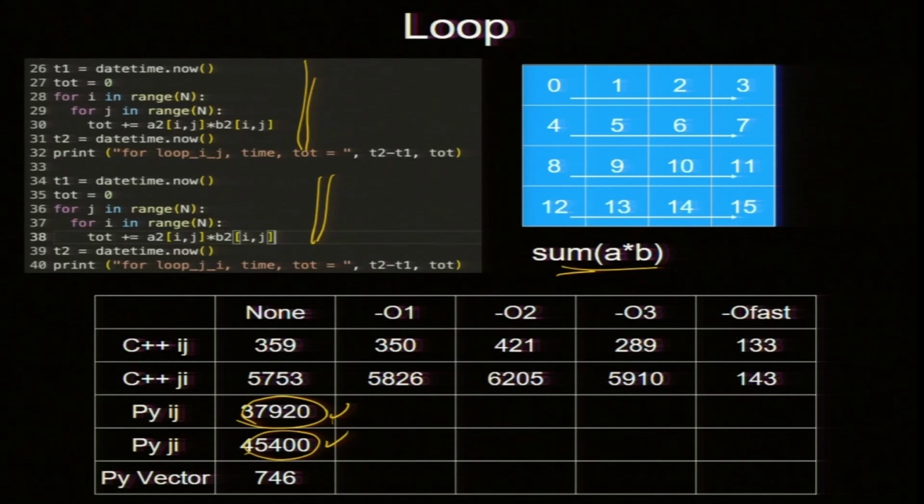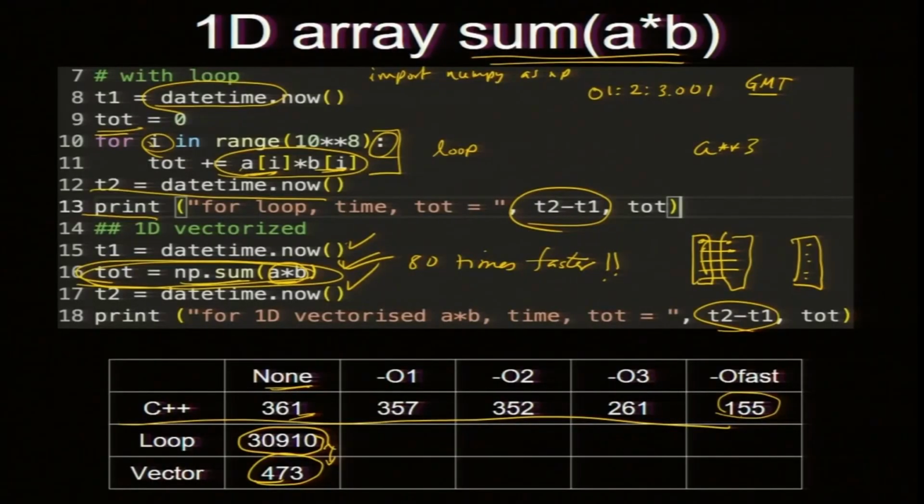Okay. So, these are around 40 seconds and this is 45 seconds, the difference is not too big, but vector operation is 746 milliseconds, which is comparable to what we got for the 1D operation. For 1D I got around 450 milliseconds, that is 473 milliseconds.